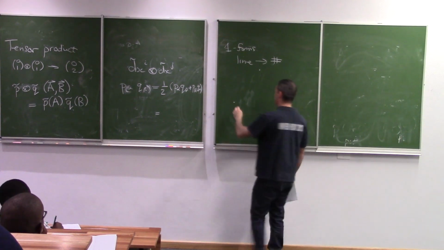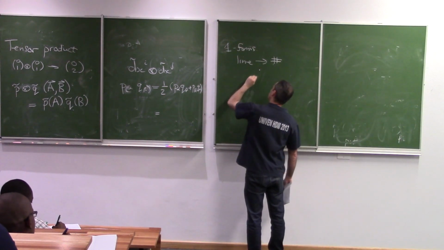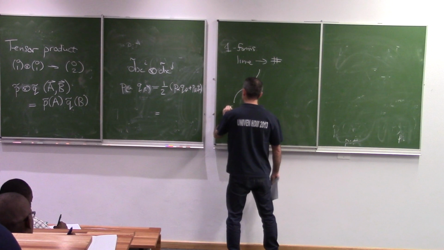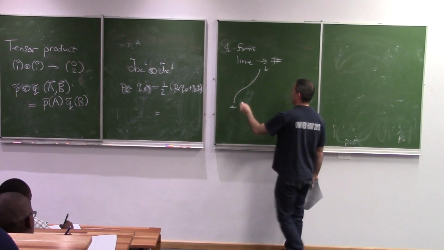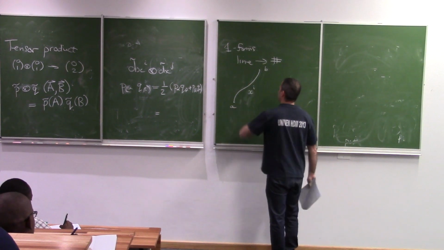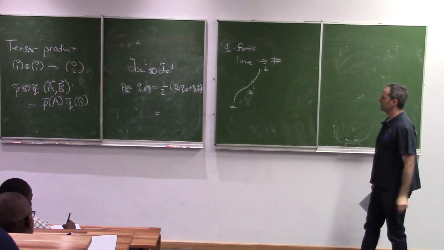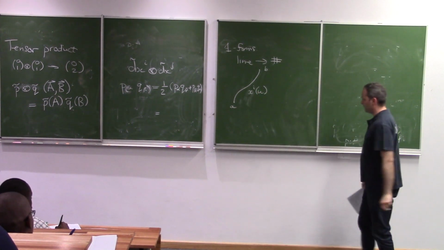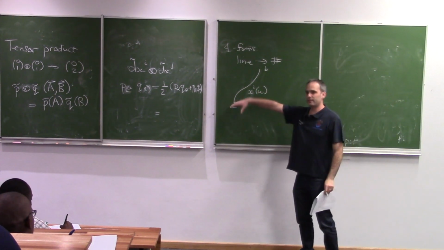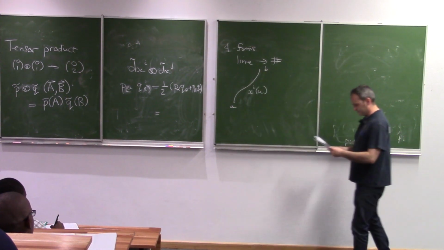Let's say I have some line which goes from a point A to a point B. And this line, let's say, is parameterized in terms of some parameter u. So this is just some parametric curve that I've defined in space.